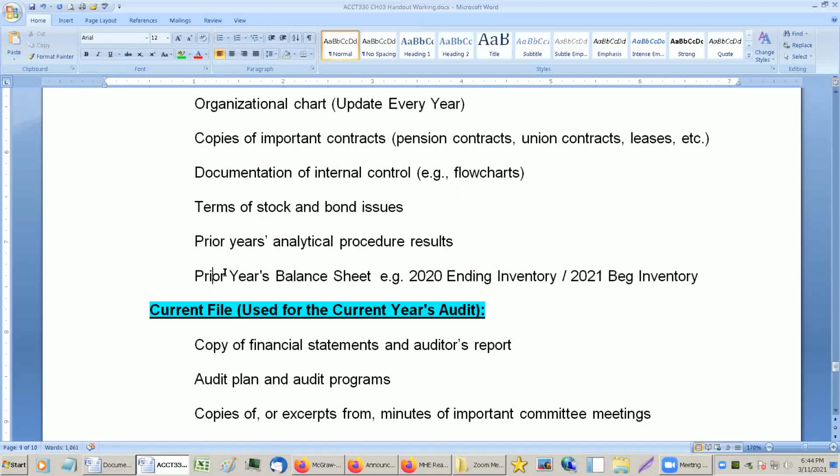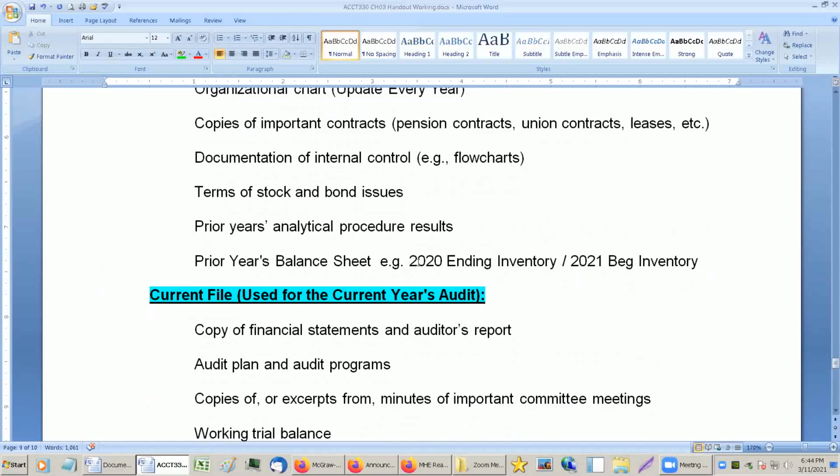So you may have the prior year's balance sheet because it has the 2020 ending inventory. Why? Because that will be the beginning inventory for 2021. So it's not unusual to have the prior year's balance sheet, or even just the balance sheet accounts, in the permanent file.